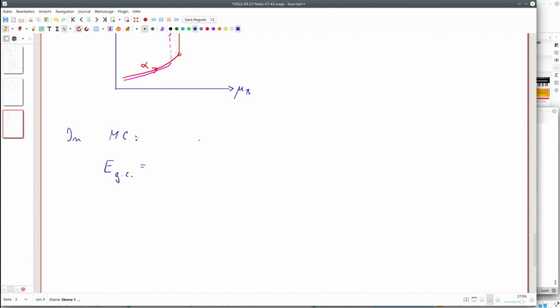So perhaps I should say a few more words. In Monte Carlo, you allow, instead of AB exchange, A becoming a B, B becoming an A. So it's the old alchemists making gold from iron.